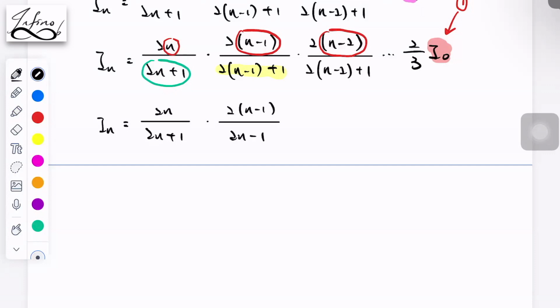Further on, this one is 2 bracket n minus 2, and with mental math, 2n minus 4 plus 1, so 2n minus 3. Then dot dot dot, 2 over 3 times 1.